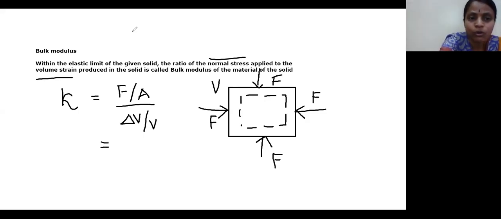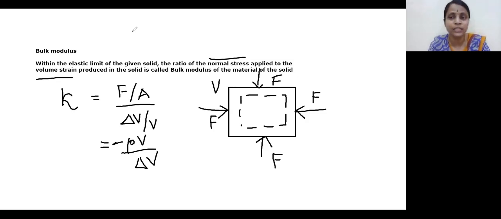Normal force is otherwise called thrust. It's from your lower classes. Thrust per unit area is nothing but the pressure that you apply on the surface of the body. So it becomes PV upon del V, and I'm going to put a negative sign over here.